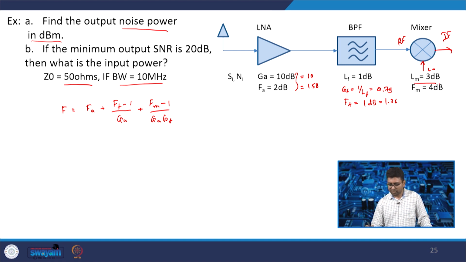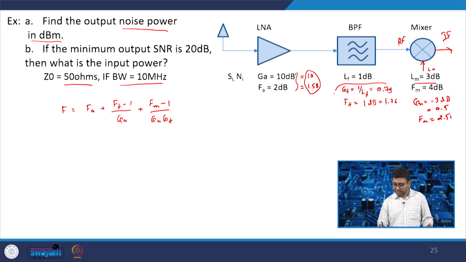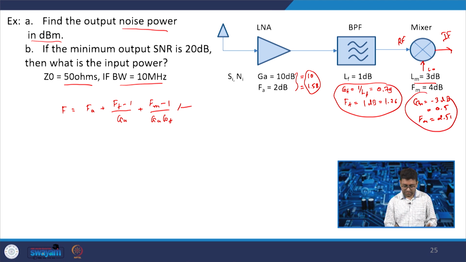So, whenever you want to consider the gain it is 1 by L M. So, G M is nothing but minus 3 dB, which converts to around 0.5, and your F M is equal to 2.51.